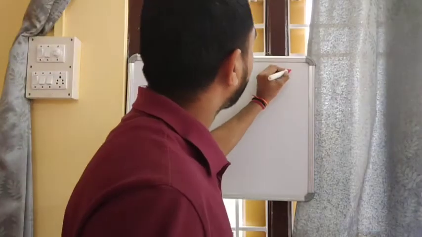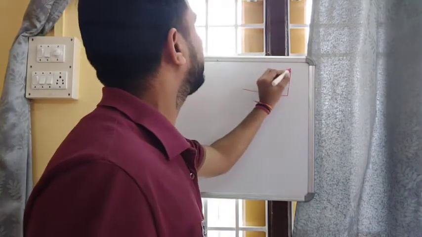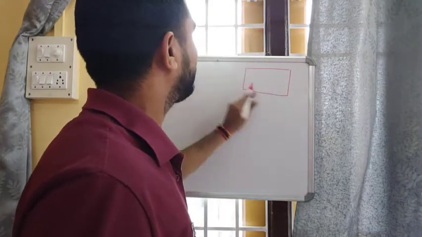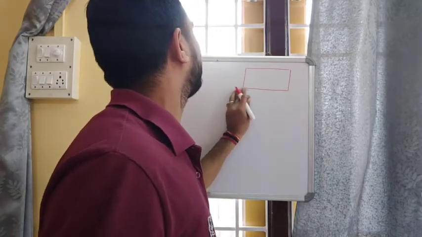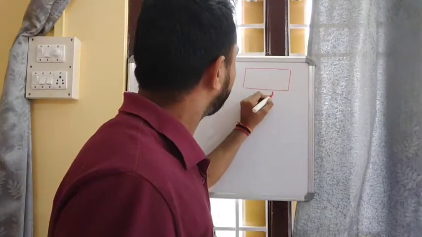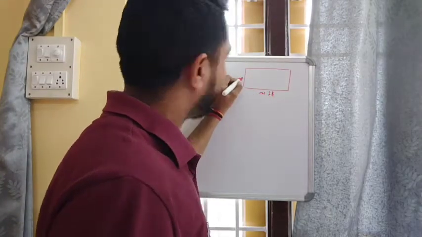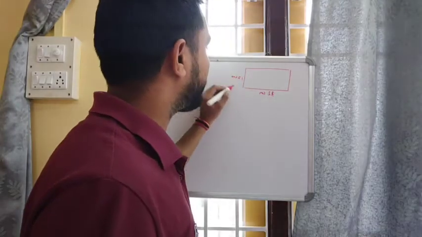Okay. So we have a metal plate. Look at the metal plate as a rectangle. Length is 32 centimeter and breadth is 12 centimeter.